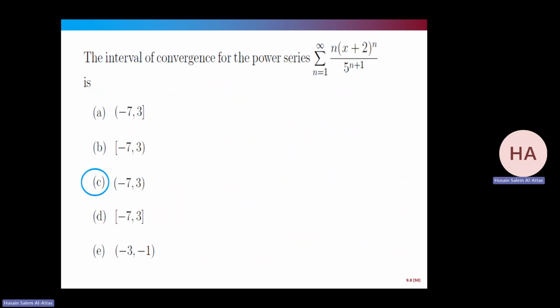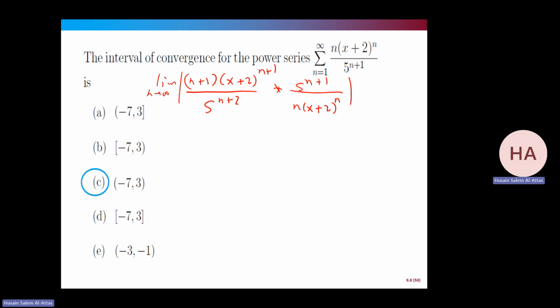I think this one is the same idea. Let me do it quickly and see what will happen. So I have the limit as n goes to infinity of (n plus 1)(x plus 2) to the power n plus 1 over 5 to the power n plus 1, times the reciprocal of this, 5 to the power n over n (x plus 2) to the power n.